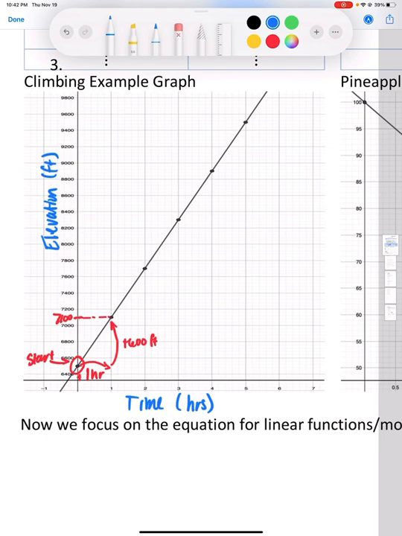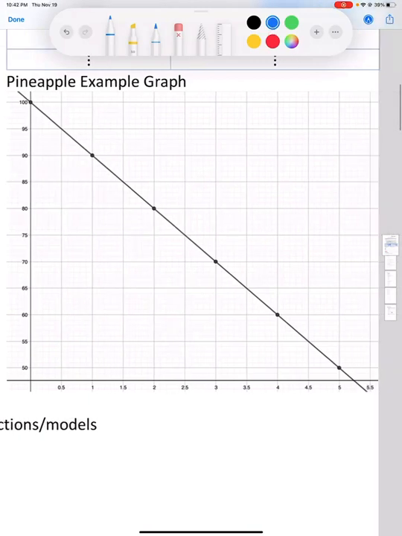Let's look at our pineapple example. For every $1 they raise the price of their pineapples, they will not sell as much. They'll sell 10 less that day. So we have our start. If they have no price, then they'll sell 100 pineapples. Essentially, they'll give away 100 pineapples, sell them, quote unquote.